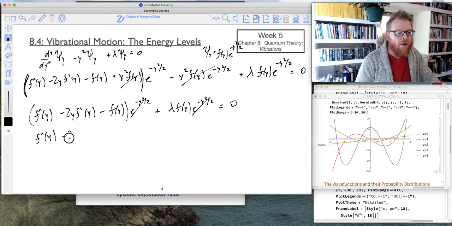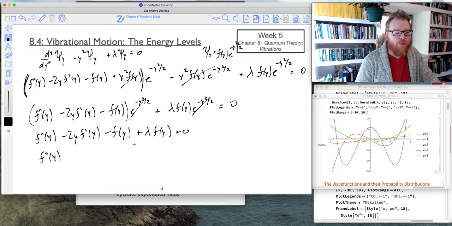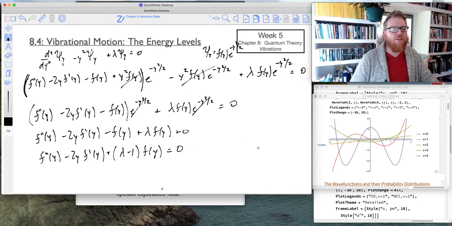F double prime of y minus 2y f prime of y minus f of y plus lambda f of y. To simplify this even further, we can combine terms with the f of y. That gets combined as lambda minus 1 times f of y, so there's a plus there, all equal to 0.